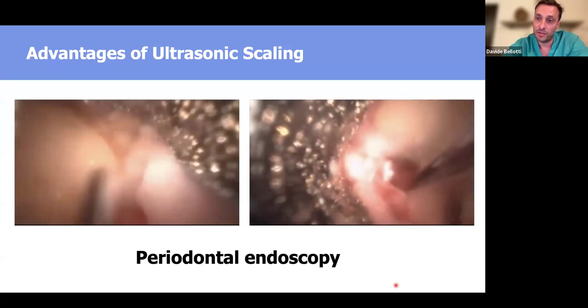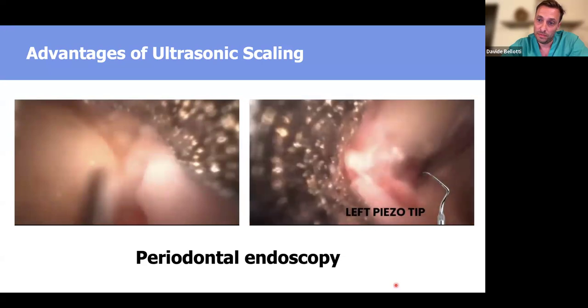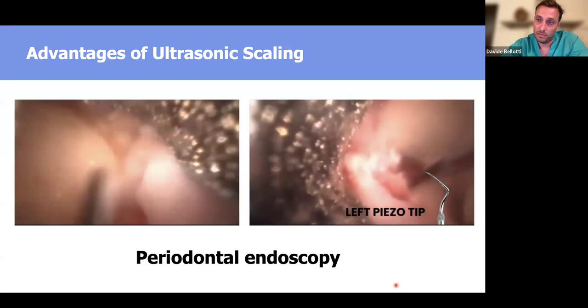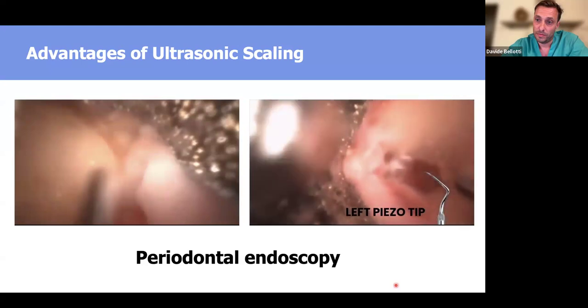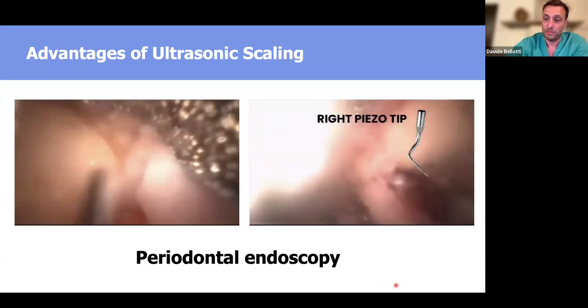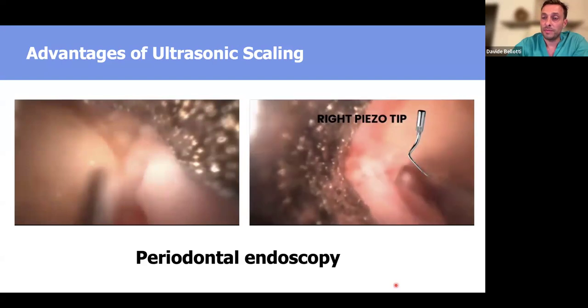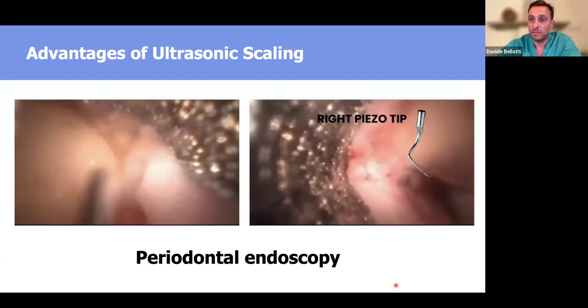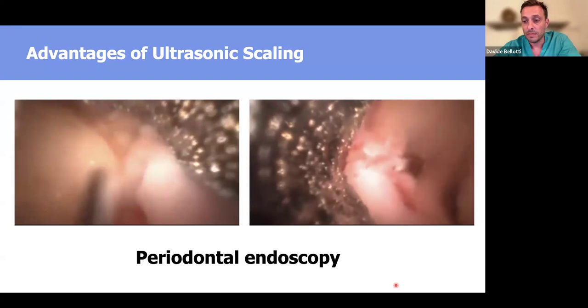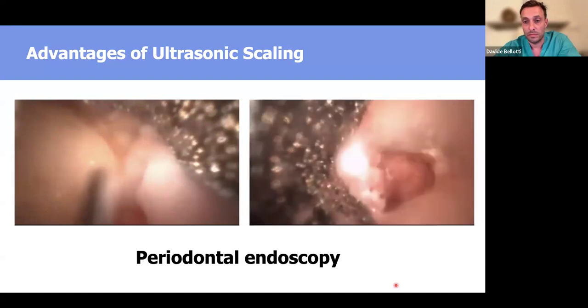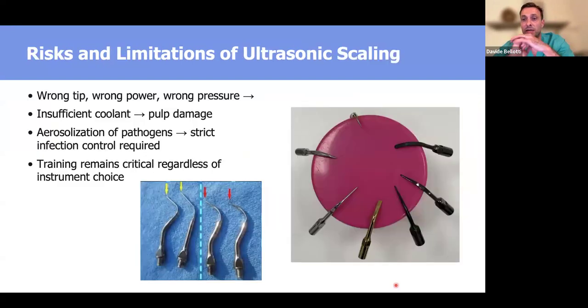Here we have a furcation. We can change the tip if needed. So that's my tip selection.